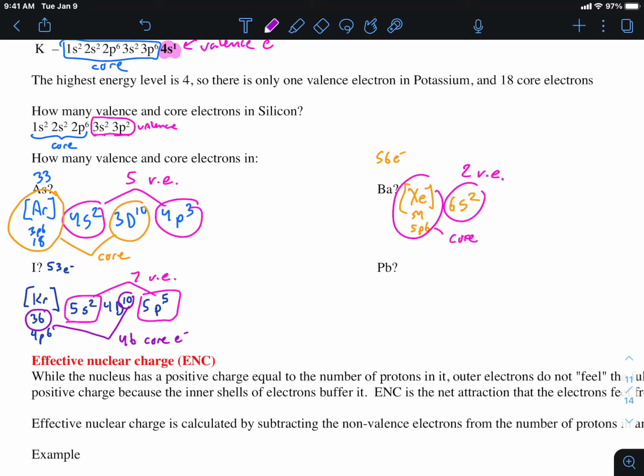Let's do the last one here, lead. This will be the last one, and then we'll stop here. So try to figure out lead. How many valence electrons does lead have? Lead is element 82.